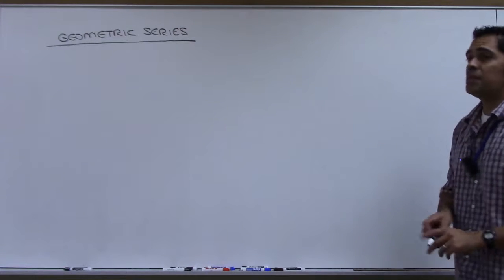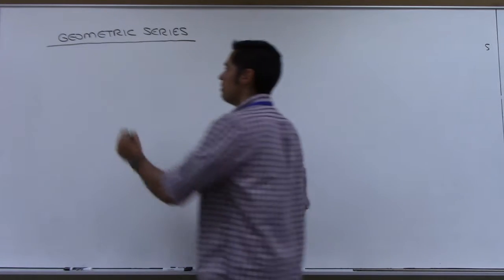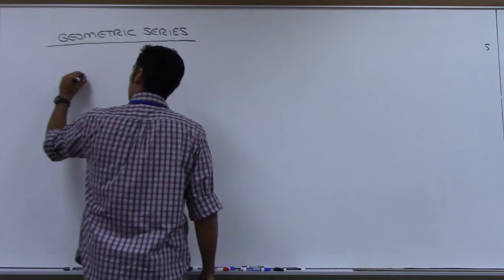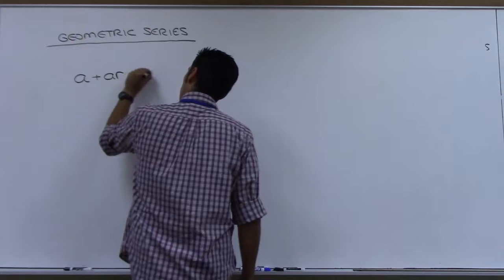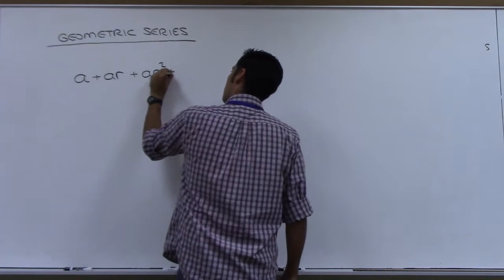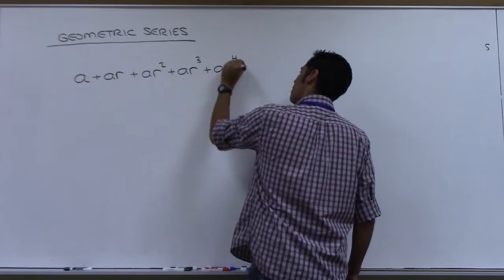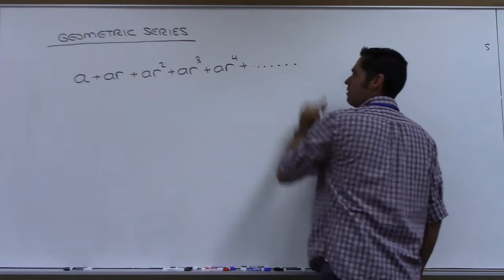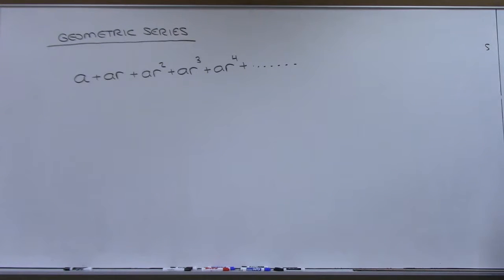So the geometric series is any series that looks like this. You have A plus AR plus AR squared plus AR cubed plus AR to the fourth plus dot, dot, dot, forever. That's what any geometric series must look like.